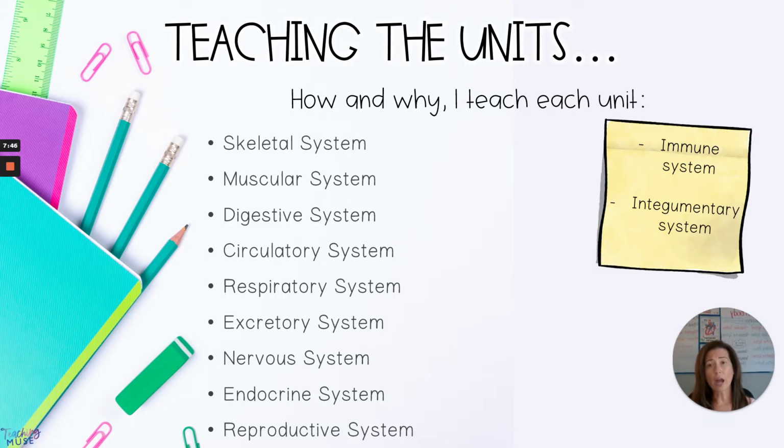And then after we learn about the skeletal system and the muscular system, I dive into the digestive system, because when you're teaching about the muscular system, you're going to teach about 3 different muscles: the smooth muscle, the skeletal muscle, and the cardiac muscle. Cardiac muscle is found in your heart, the skeletal muscle is connected to your bones, and the smooth muscles are the types of muscles that work without us thinking.